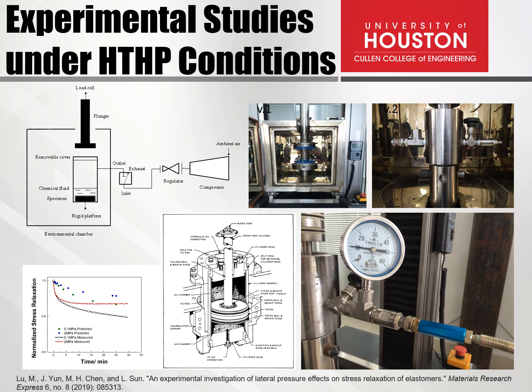We built two prototypes. The very first version works under 2 megapascal and uses an expansion joint as the motion part. And the most recent version is improved to be able to work under 10 megapascal.